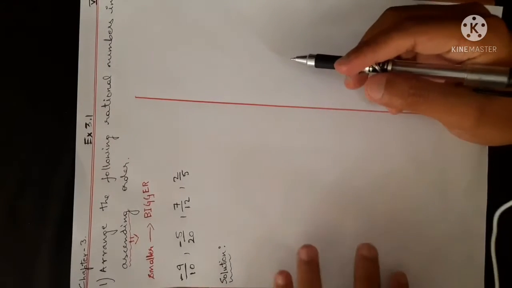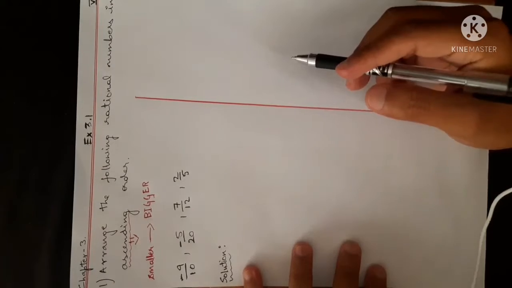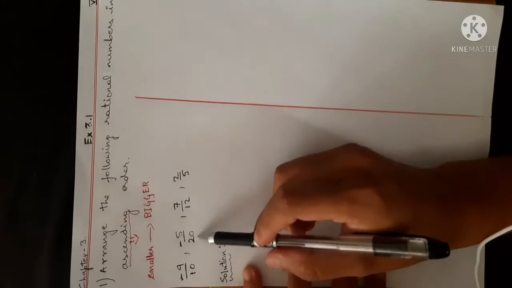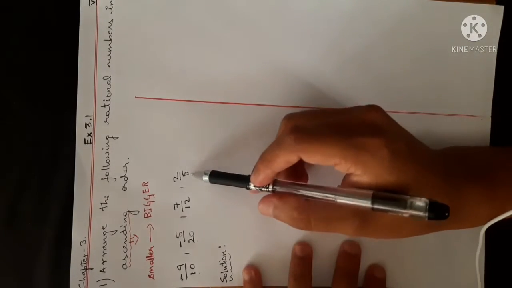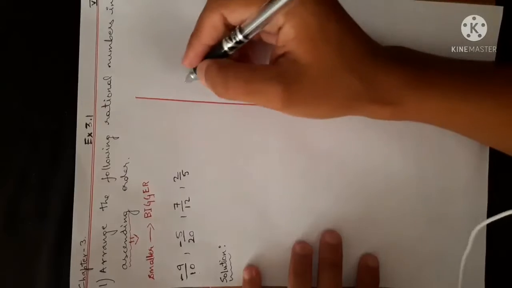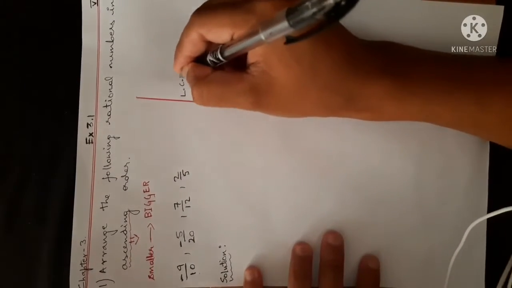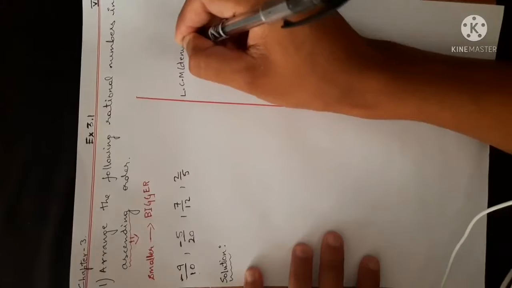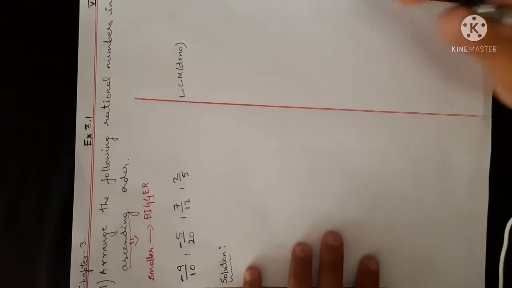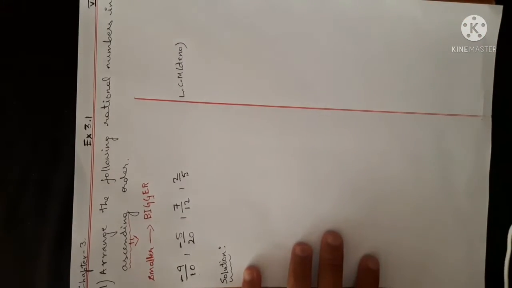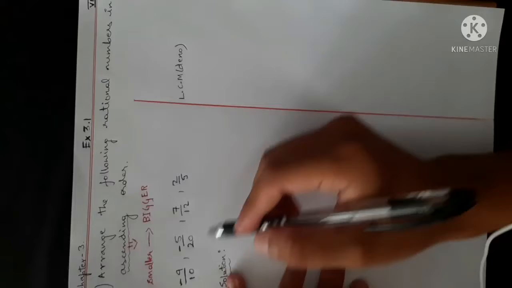So what do we do first? We convert the denominators into the same. To do that, we find the LCM of the denominators. So here are the denominators.